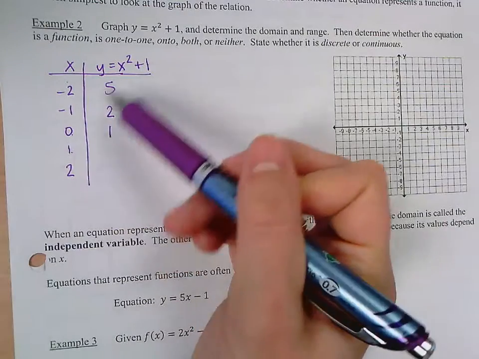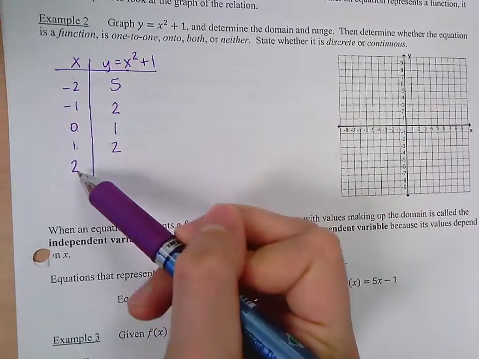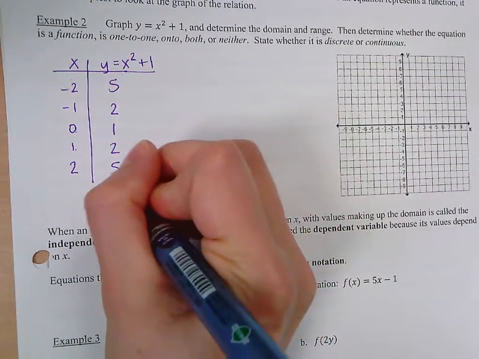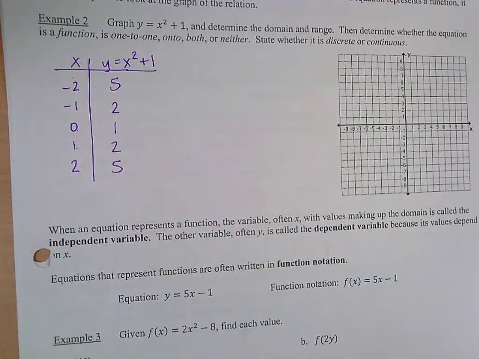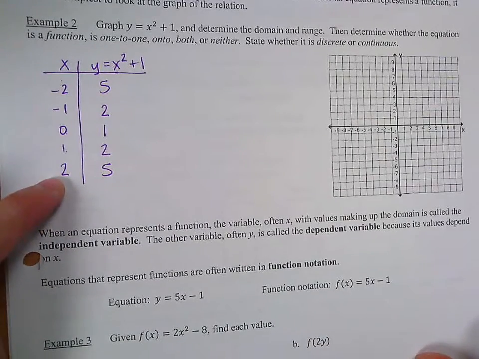If I plug in 1, 1 squared is 1, plus 1 is 2. And then if I plug in 2, 2 squared is 4, plus 1 is 5. Okay, and then I can plot these as ordered pairs.